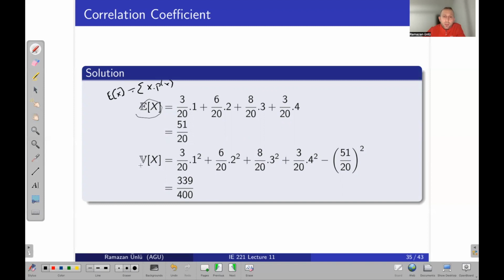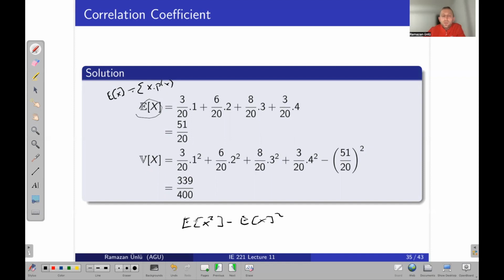And how can I calculate the variance of x? Just remember that it is the expected value of x squared, the second moment, minus the square of the expected value of x, right? So I know the x values and corresponding probabilities. For example, for the first one, 3/20 times the x squared.